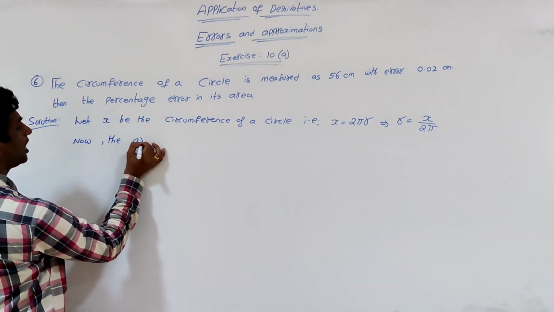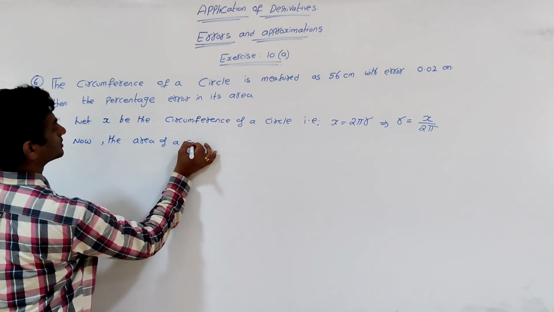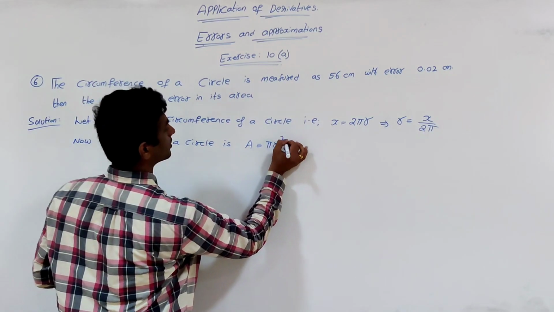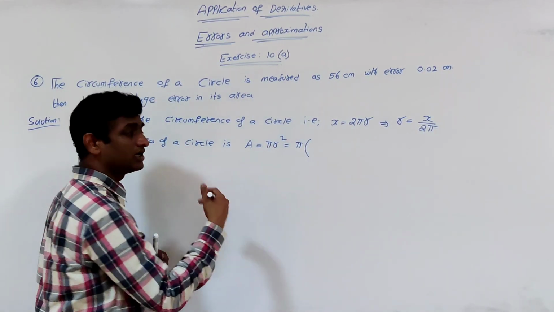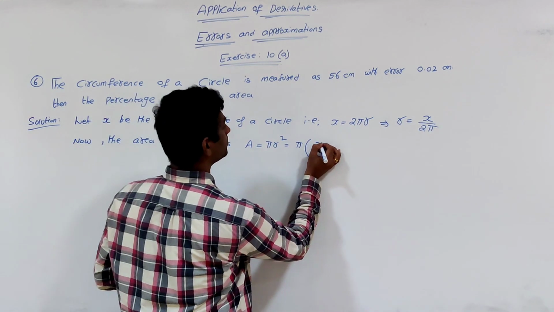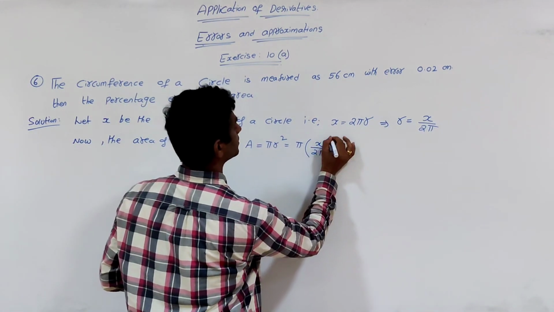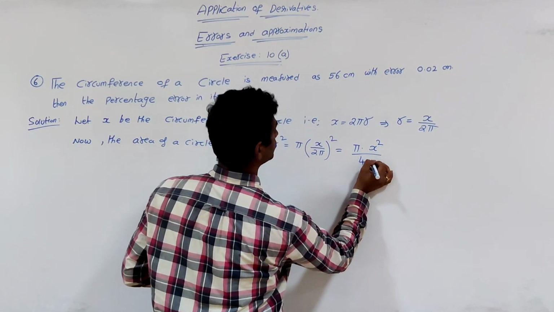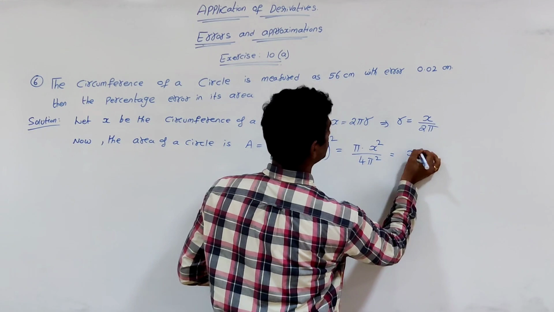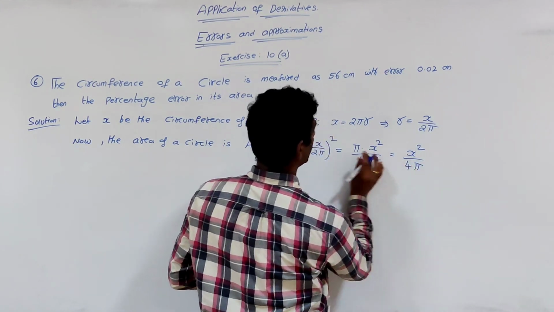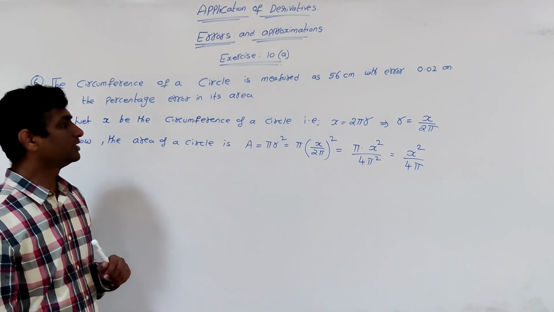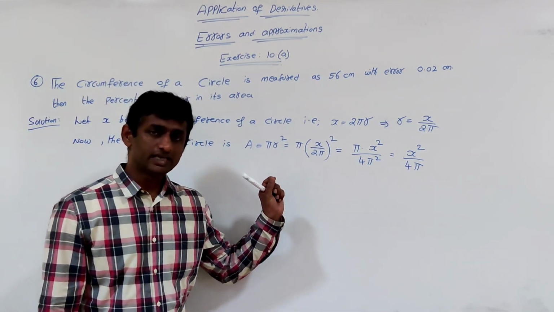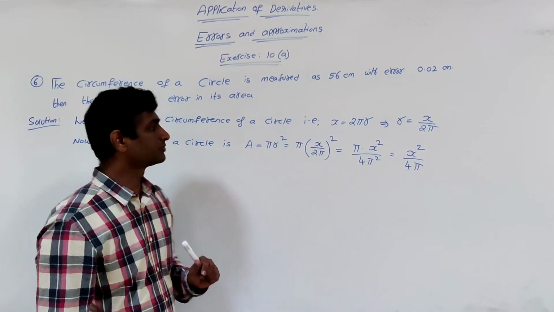The area of a circle is A is equal to pi r square, which is pi into r in terms of circumference, x by 2 pi whole square, which is pi into x square by 4 pi square, which is x square by 4 pi, as one pi gets cancelled. So this is the relation between its area and circumference.